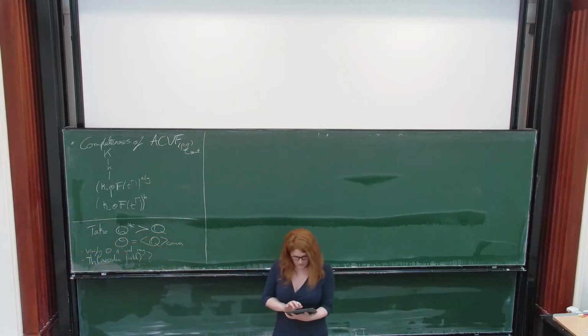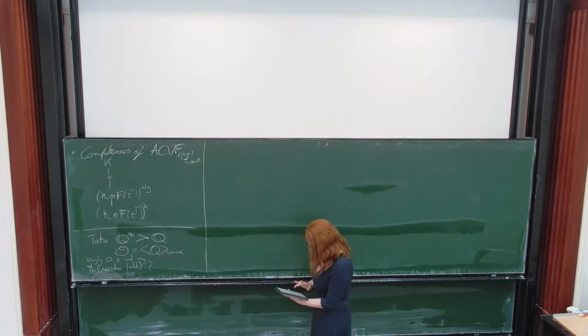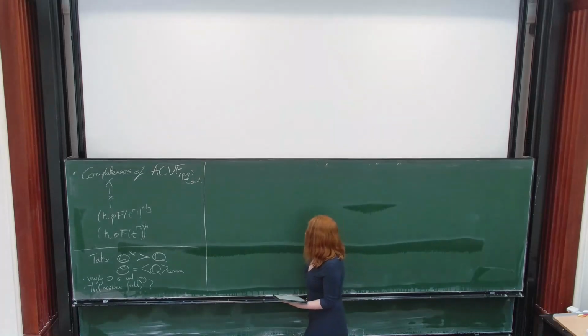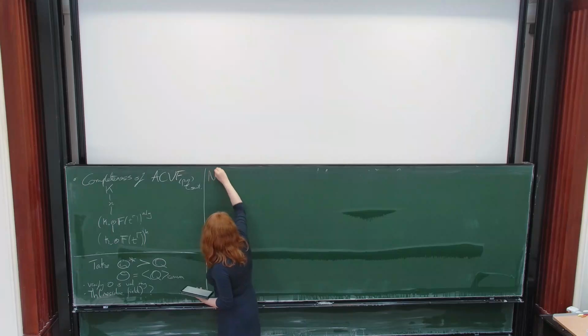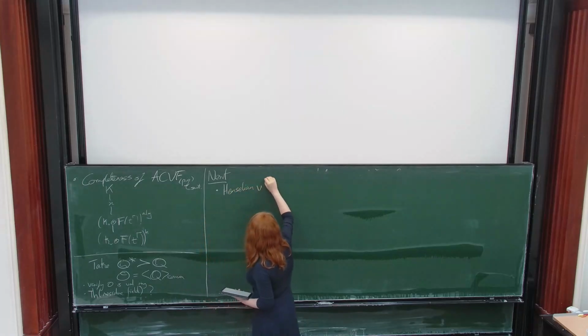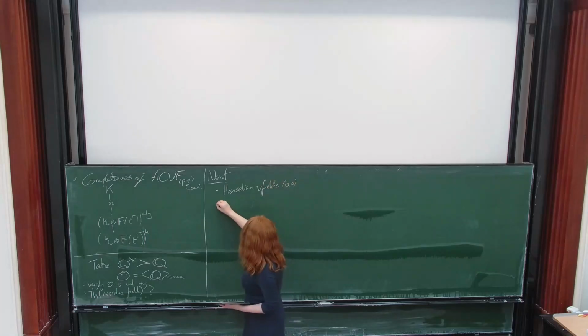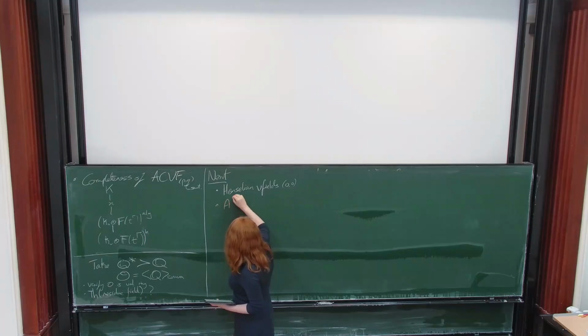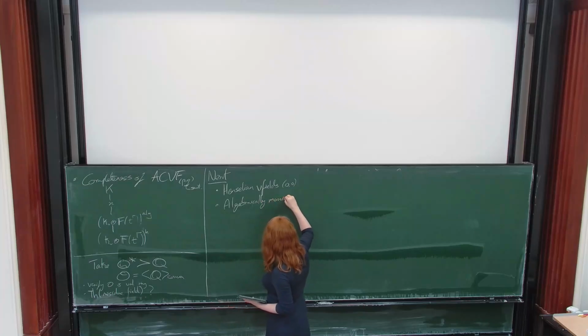All right. So I want to move forward and talk about several next steps. And that is Henselian valued fields of equal characteristic 0, more interestingly, algebraically maximal Kaplansky fields.